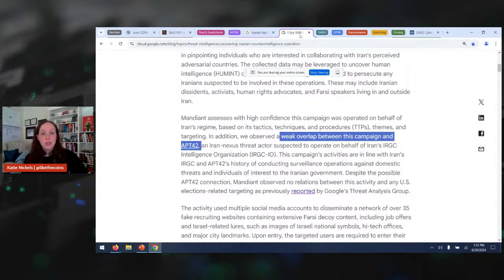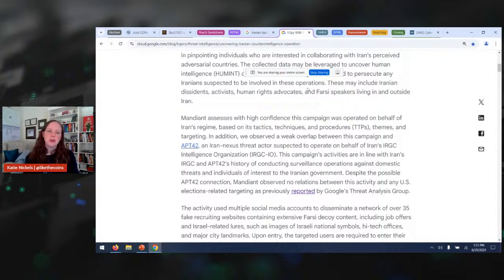Depending on your use case, that might not actually matter. You might just care, hey, it's an Iranian group, let me look at the TTPs. But if you're an analyst, it's important to know an overlap isn't exactly the same. So this is on a different cluster. Just a nuance if you like to nerd out over group naming topics.